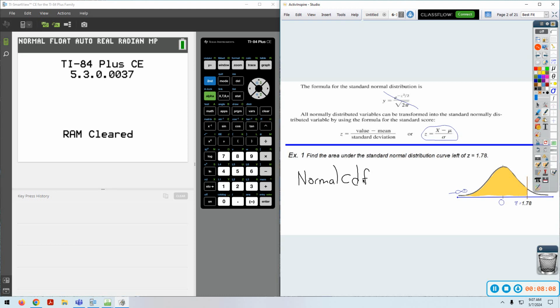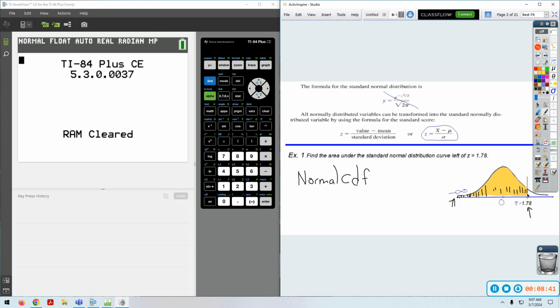Why is it a cumulative distribution function? That is because we are asking you to calculate the area all the way from negative infinity up to 1.78. It'd be like me calculating every single point in between until I reach 1.78, and then adding them or combining them all together. So we were talking negative infinity to 1.78, all combined together.